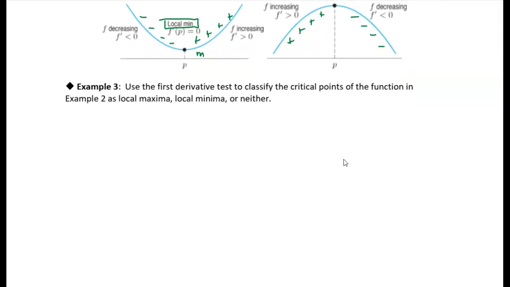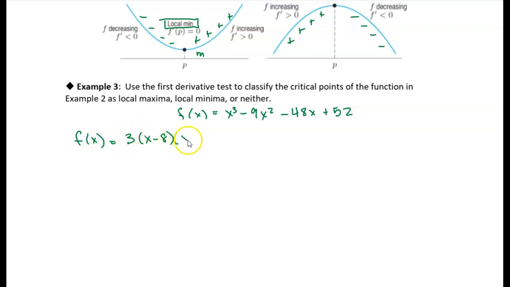Now we're going to use the same function as example 2. If you recall, that function was f of x equals x cubed minus 9x squared minus 48x plus 52. We found that the derivative, after we factored it, was 3 times (x minus 8) times (x plus 2).